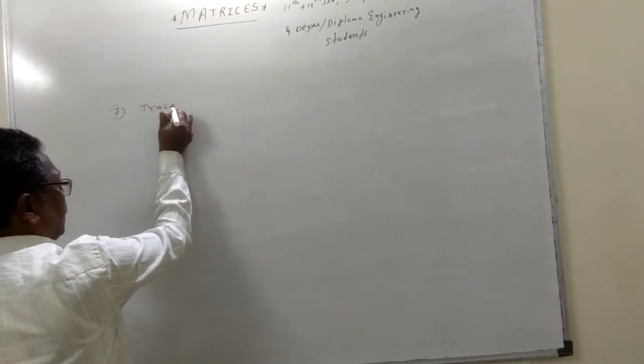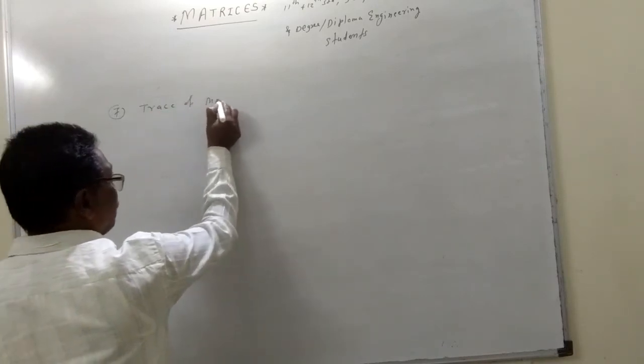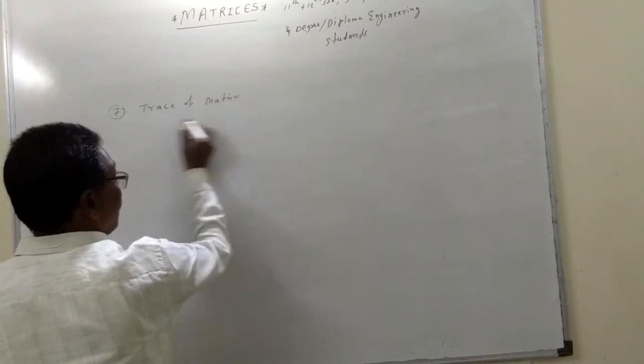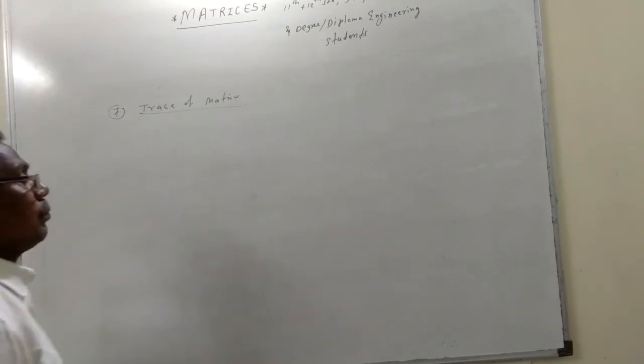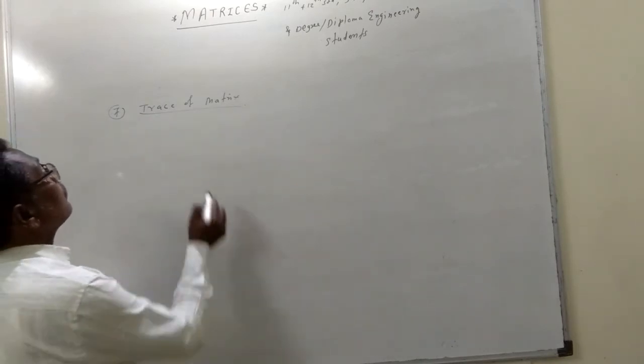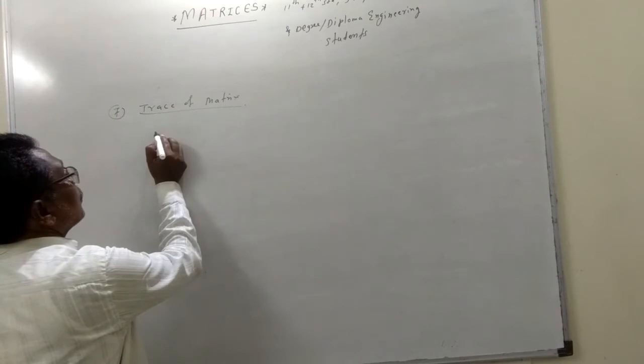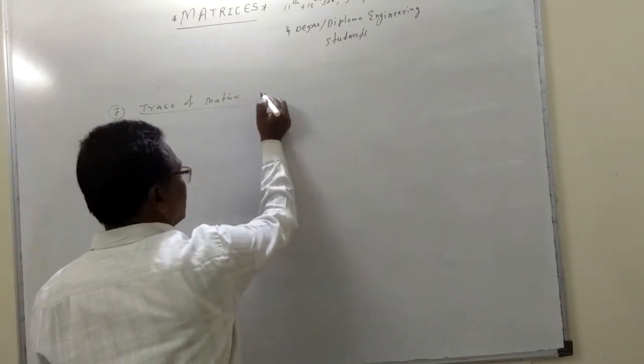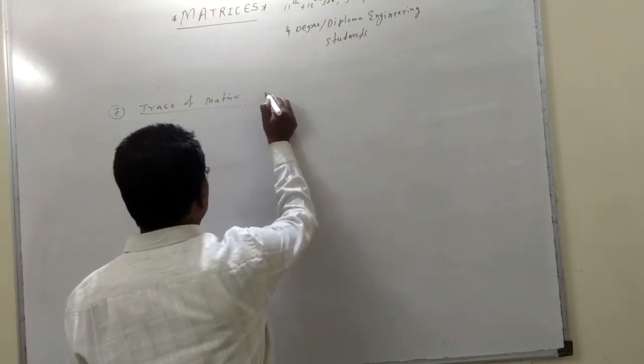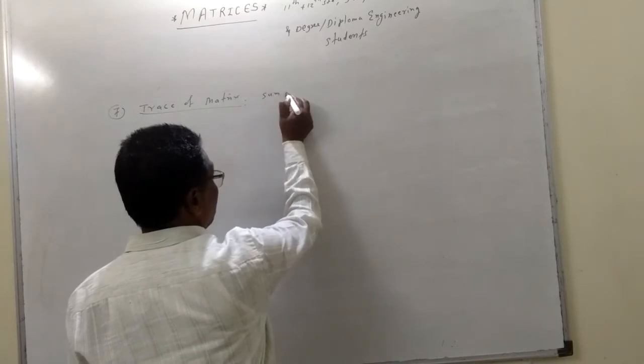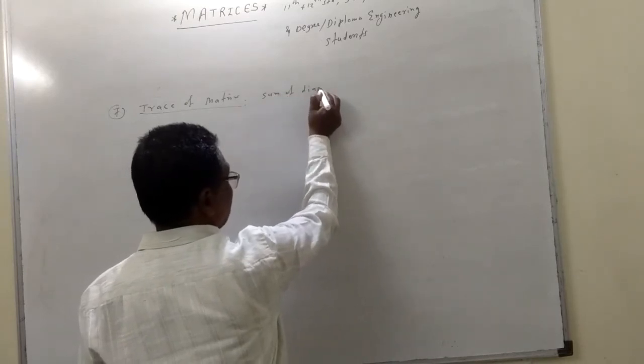Next operation, which is trace of matrix. So trace of the matrix means the sum of diagonal elements.